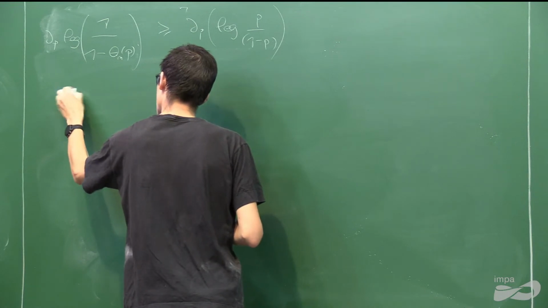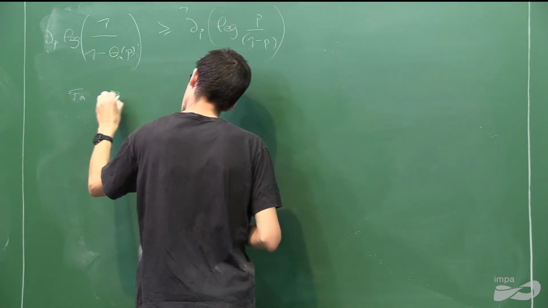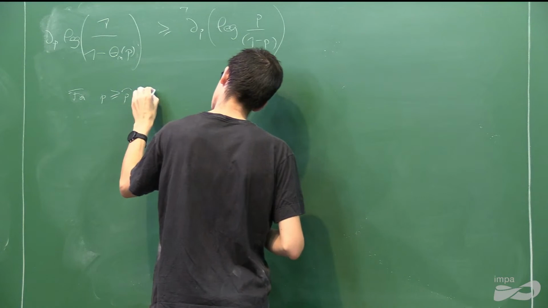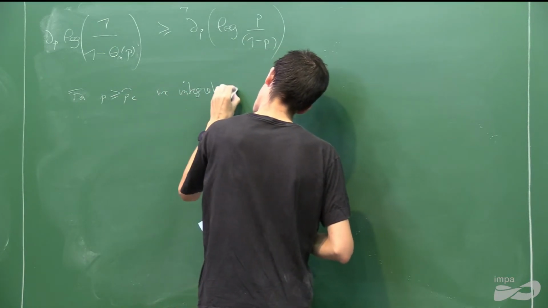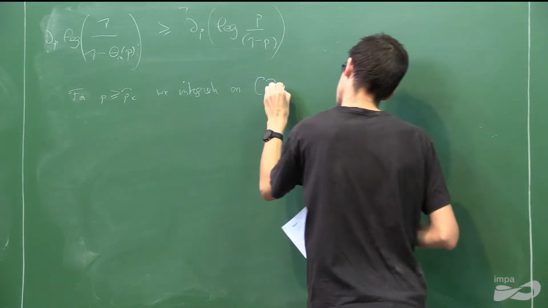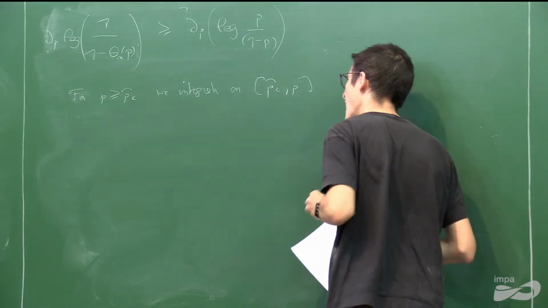Okay, so now for p larger than p_c, we integrate on [p_c, p].